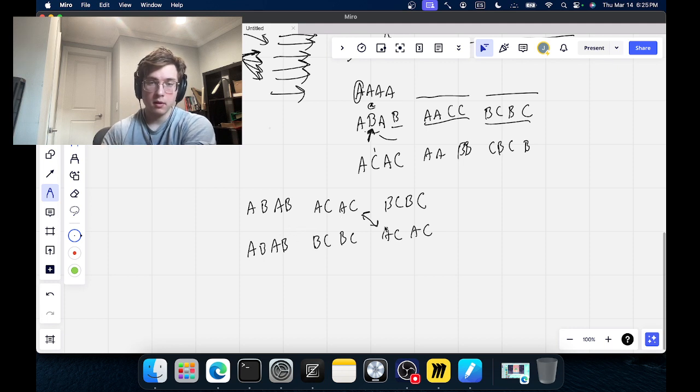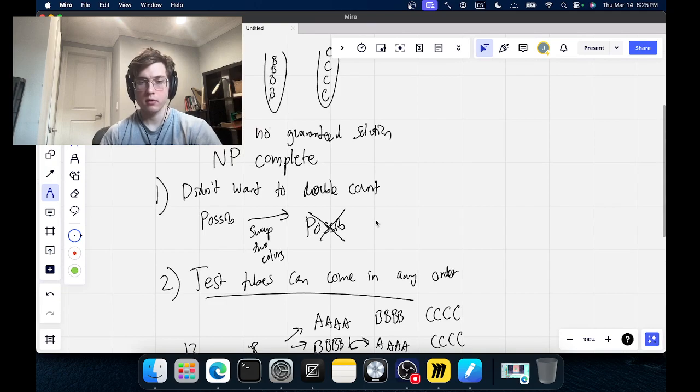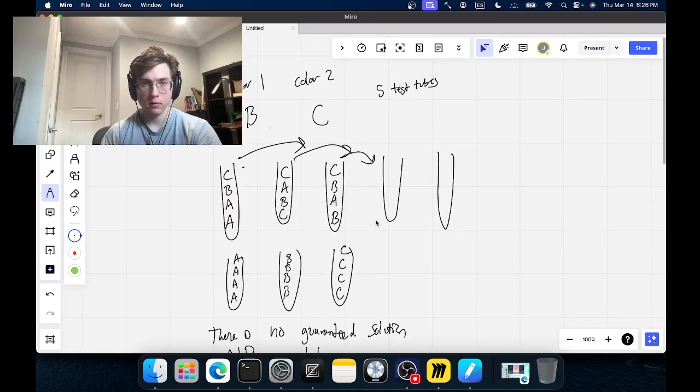Then we put the A's here, and so we put the A's here, and then yeah, I don't see why I could not have generated both of these. This seems totally reasonable. So it looks like I need to reformulate my solution.